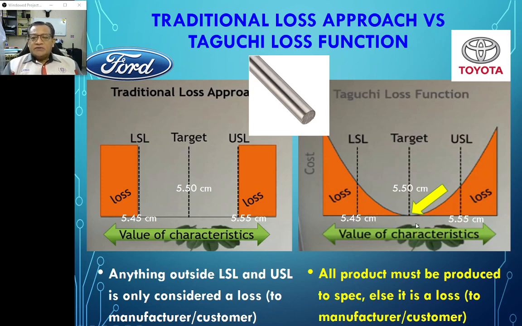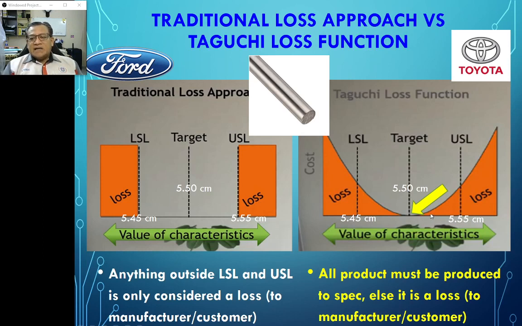Dr. Taguchi also believed that if the iron rod is produced slightly bigger, for example 5.53, it is still possible to generate loss to the customer, because it will be a slightly bigger iron rod when assembled into the housing of the printer or the equipment.